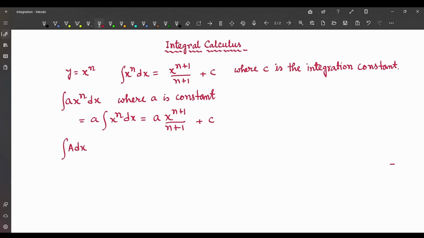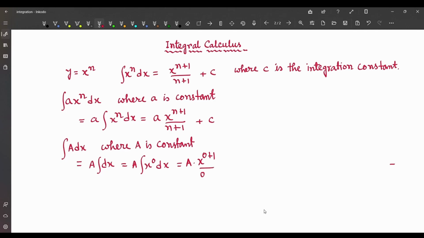Integration of a dx, where a is a constant, is equal to a into integration dx. As we know that if we integrate y with respect to x, then y should be a function of x. Here we can write a into x to the power 0 dx, then this is a into x to the power 0 plus 1 by 0 plus 1, that is ax plus c.